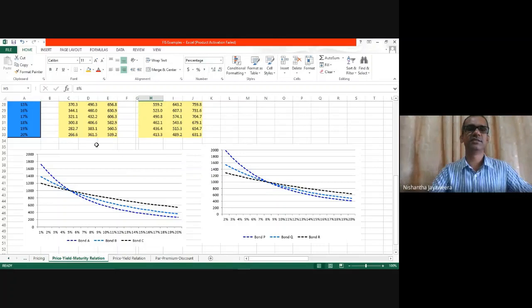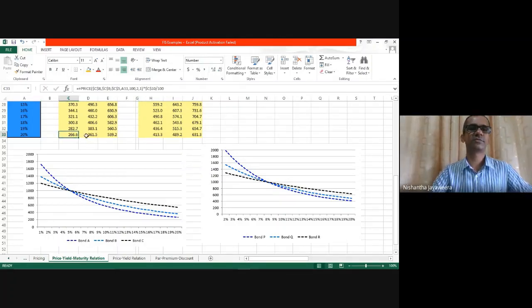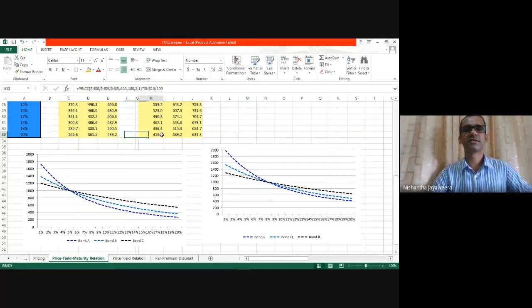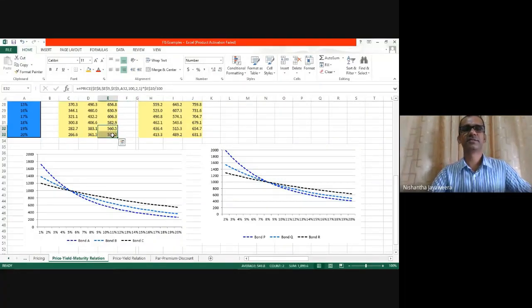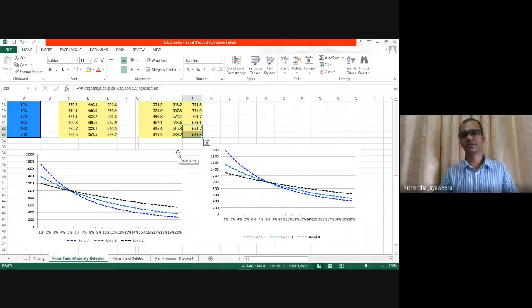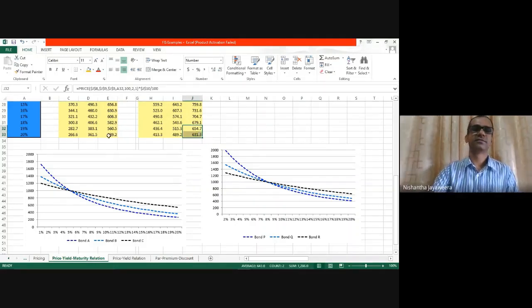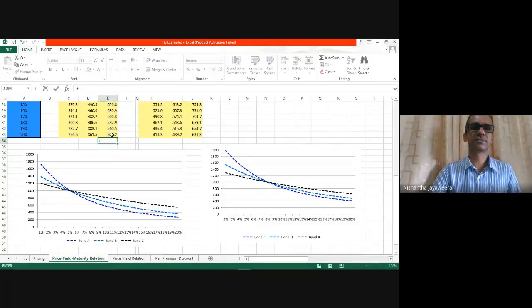You can see here the bond with 5% coupon at 20% yield, price is 266, but here it's 430. So the difference here and the difference here may be less. What is the difference between these last two figures?